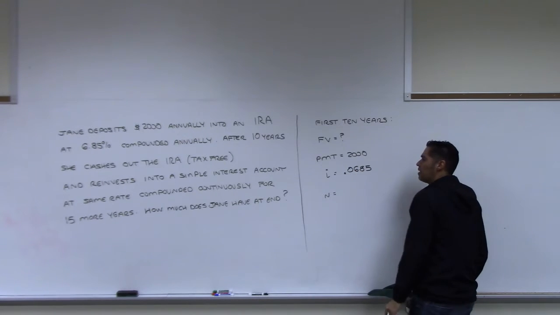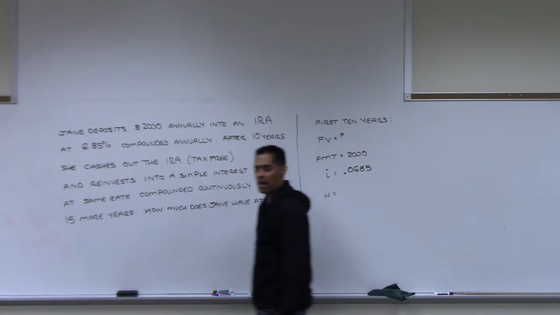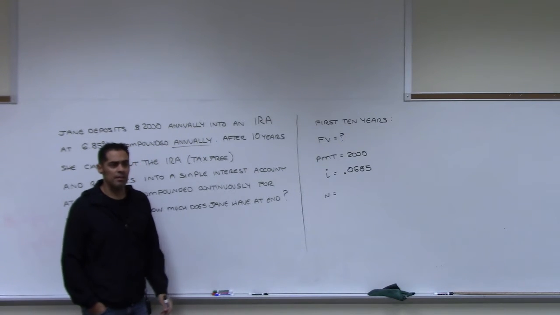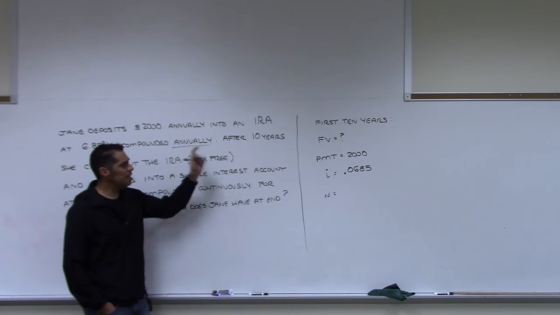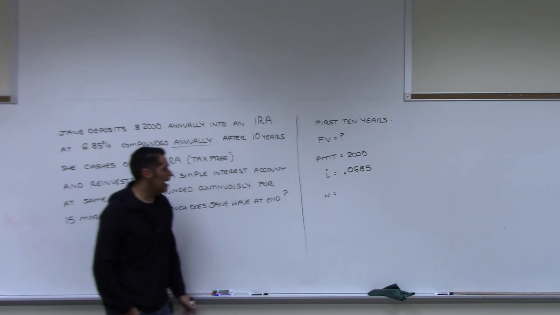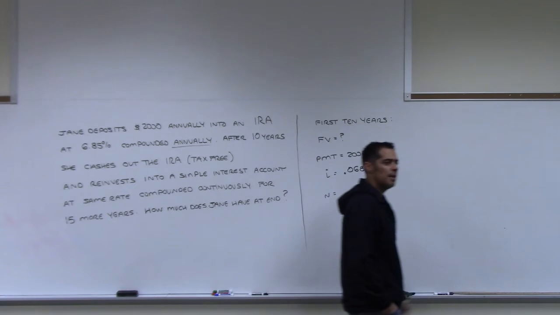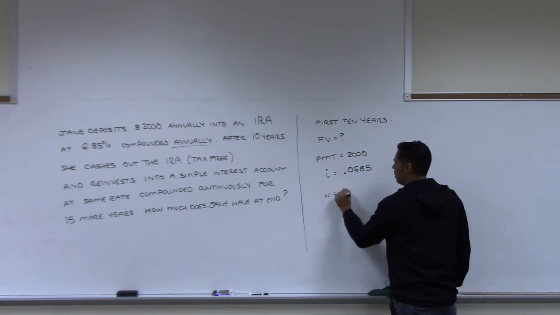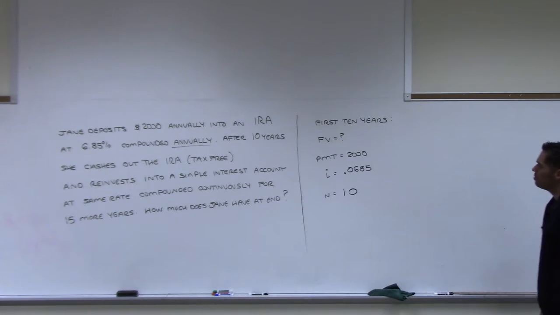I is .0685, because it's annually, so we don't have to divide by anything. Had that been monthly, we would divide by 12. The number of payments is 10, since she's only doing one per year for 10 years. So let's go ahead and calculate the future value.